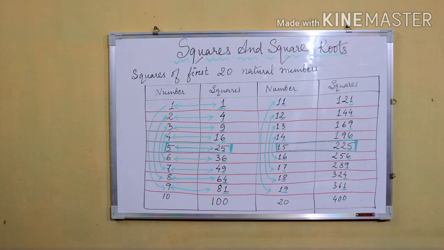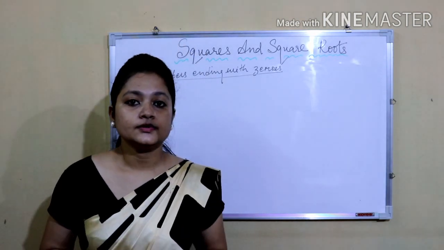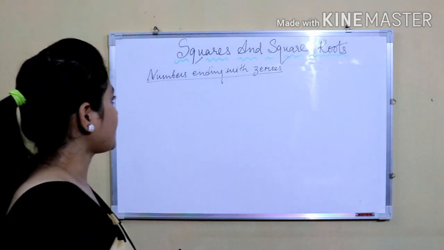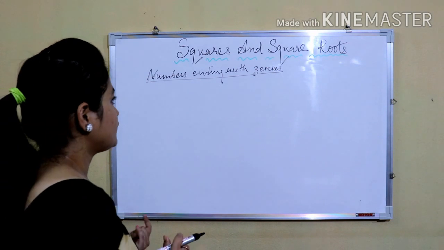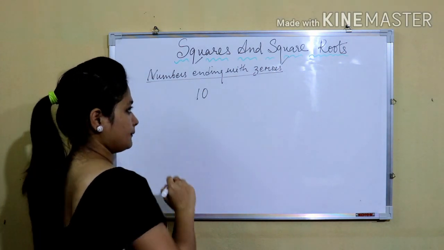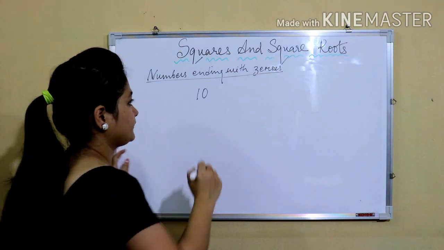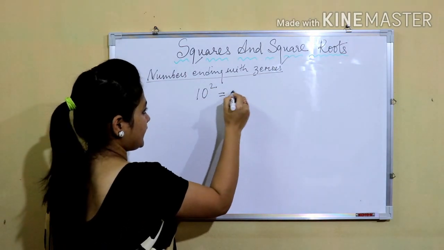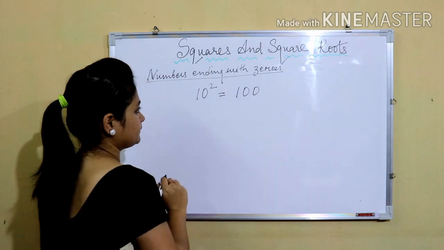The next is numbers ending with 0. For example, suppose 10 is a number ending with 0. That means 10 square is 100.